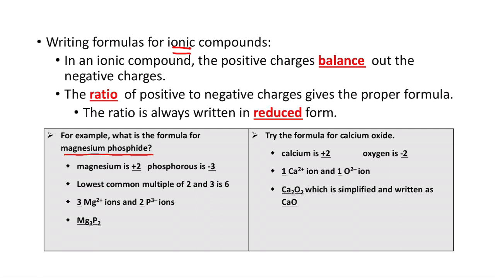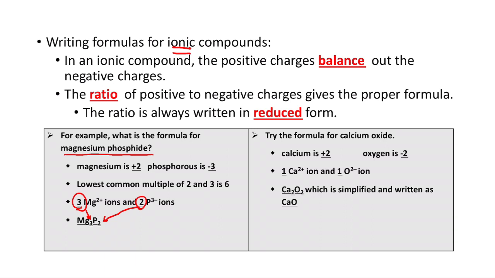So in order for the charges to balance out, we need 3 of the magnesium 2+, giving us an overall 6+ charge, and we need 2 of the phosphorus -3 charges, which would be -6. So overall, that charge is 0. So Mg3P2, so notice that this 3 represents the little subscript 3, and this 2 represents the little subscript 2 here. So it's saying that we need 3 magnesium for every 2 phosphorus.